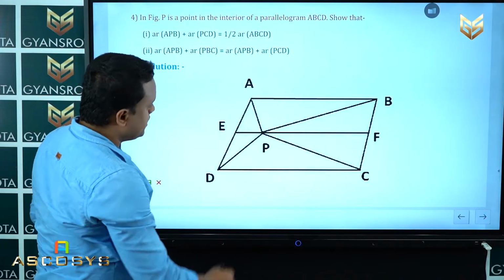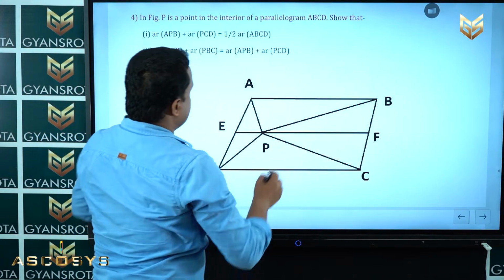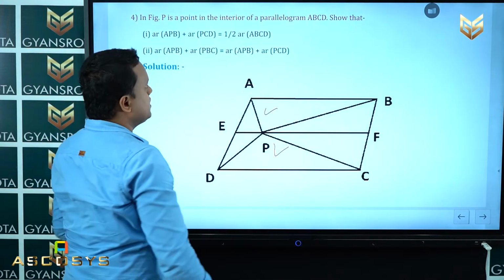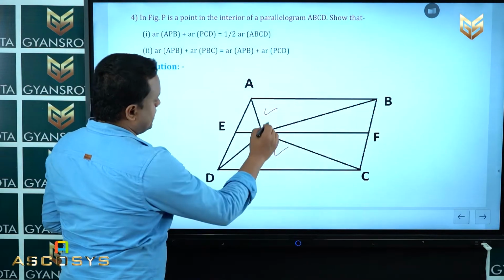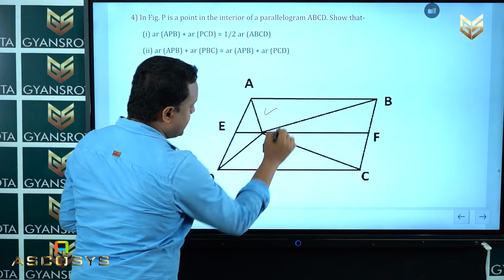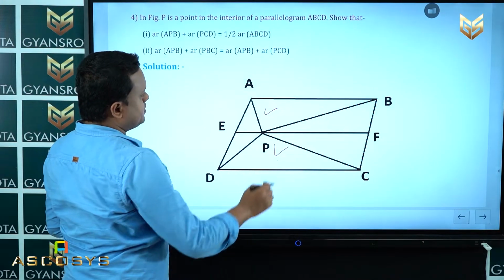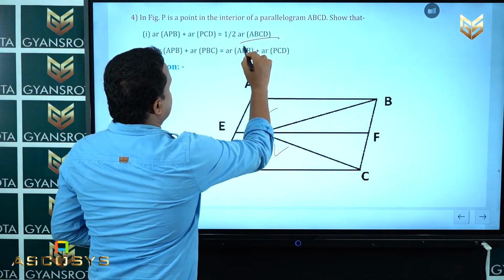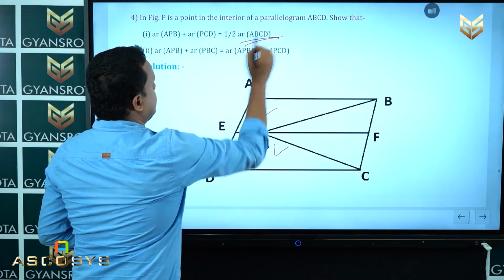Now according to the second question, similarly, since we proved that the sum of the area of two interior triangles is equal to half of the area of the parallelogram, first this one we have proved.